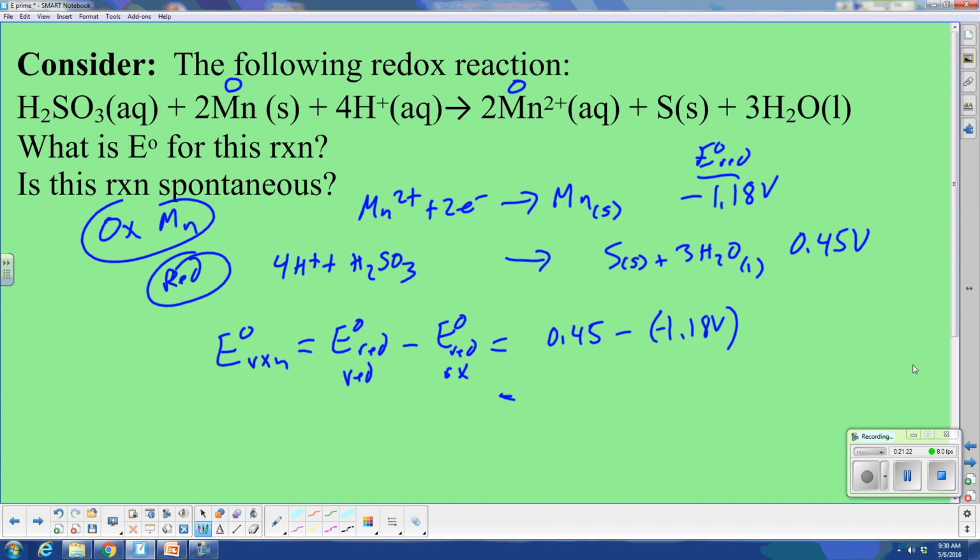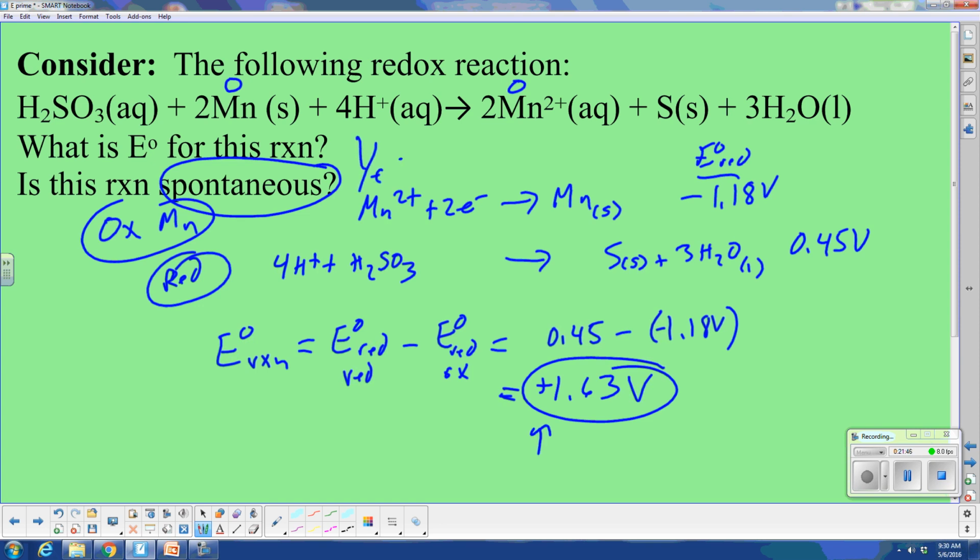Use my magic handy dandy TI-30XA. 0.45 minus a minus would be a plus 1.18, and that looks to me like I get a 1.63 positive volts. And the question is, is this spontaneous? Well, since I have a positive value here, the answer is yes. This happens spontaneously. All right, I hope that helps. Enjoy your day, folks. Bye-bye.